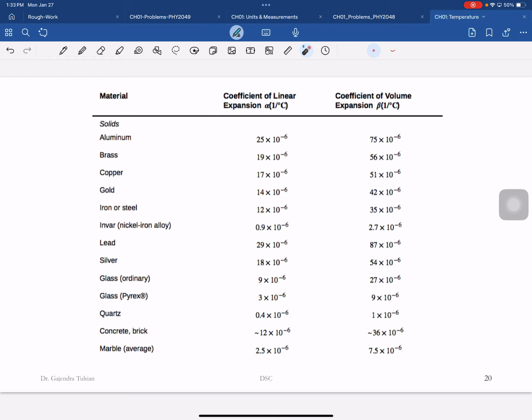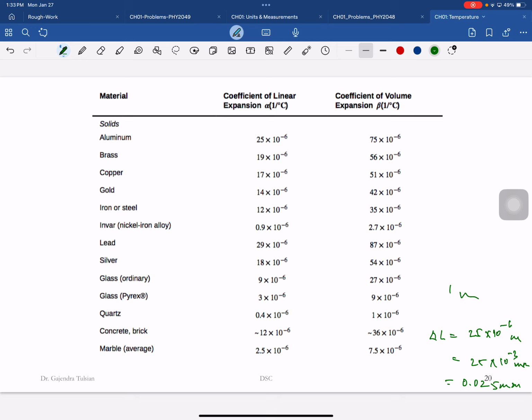You take a 1 meter aluminum rod, and it increases by 25 times 10 to the minus 6 meters. L was 1, you raise its temperature by 1 degree Celsius, it increases by 25 times 10 to the minus 3 millimeters, equal to 0.025 millimeter.